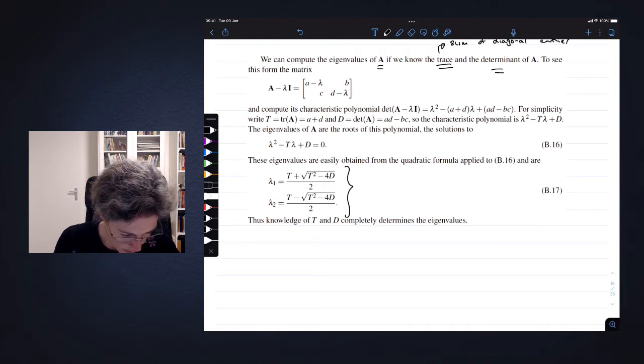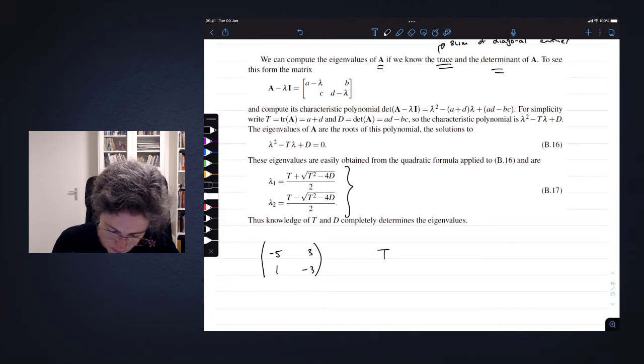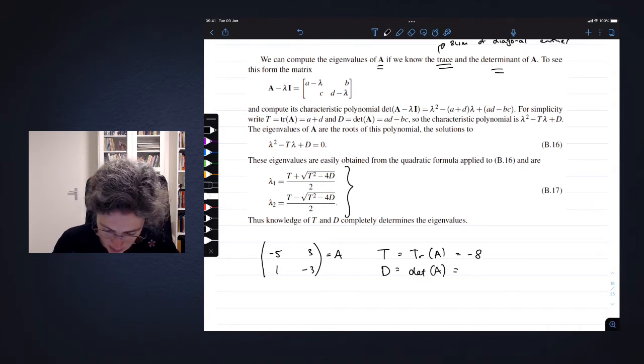So let's look at the matrix (-5, 3; 1, -3). Then our trace, which we're going to call T, is -8, and D, our determinant, is -5 times -3, so that's 15, minus 3 times 1, which is 3, so that's 12.